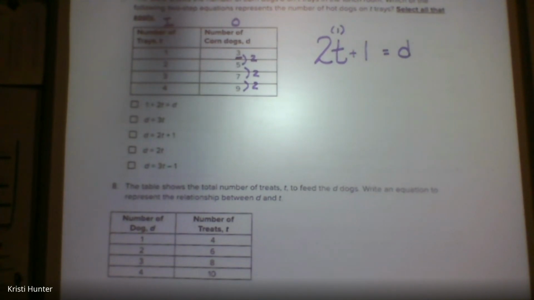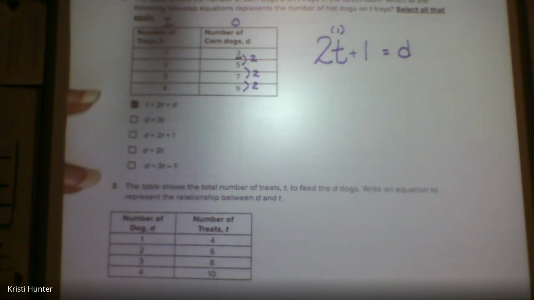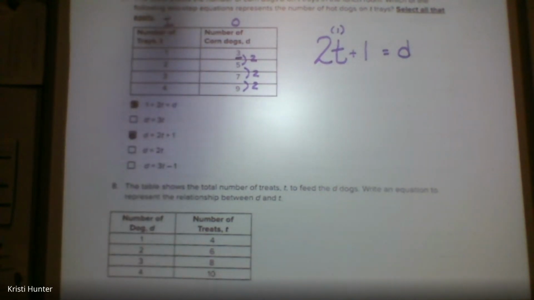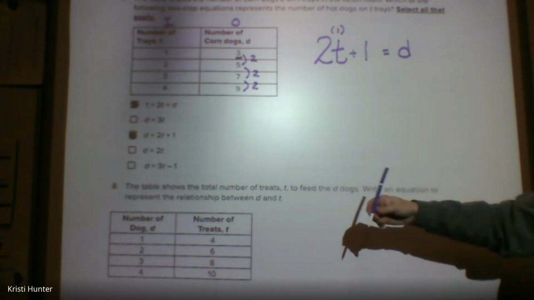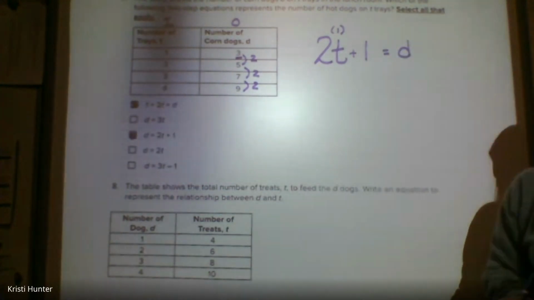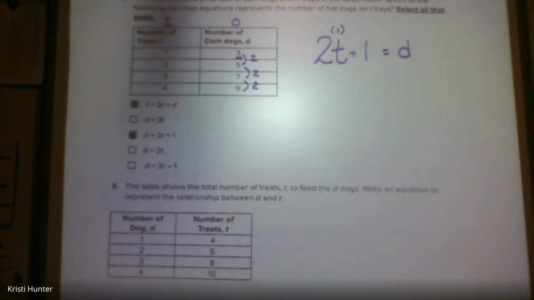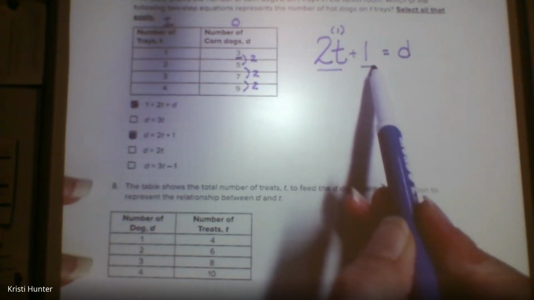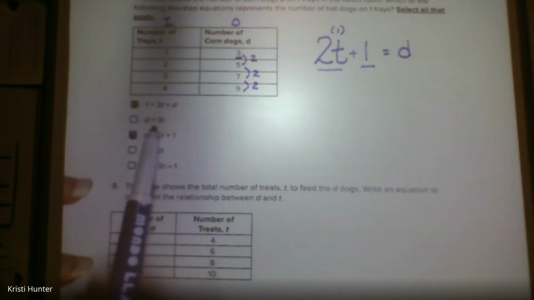And when I look at these equations, the first one is that same equation. And the third one is that same equation. One just has the output answer first, and one has it as my equals. Be careful because I can't combine 2t and a 1 and make 3t, remember?